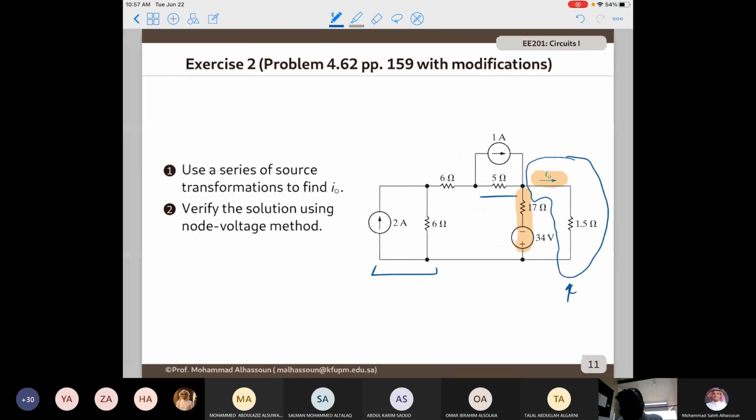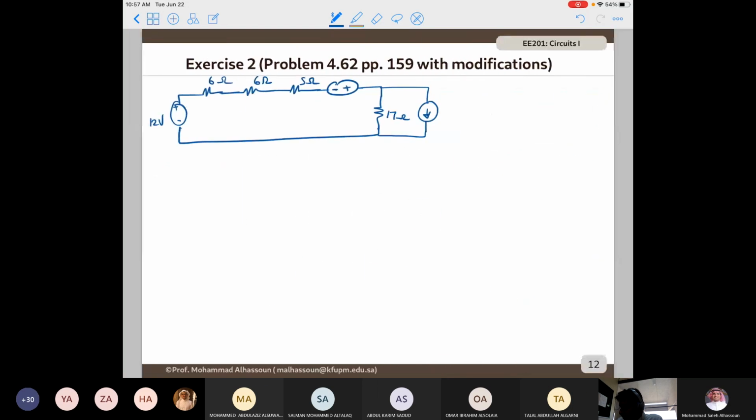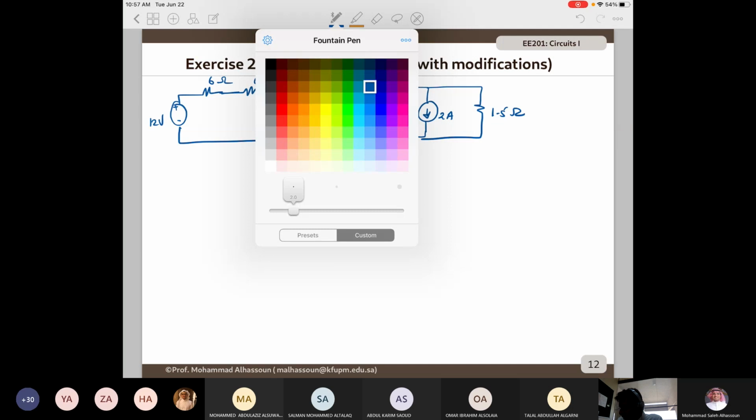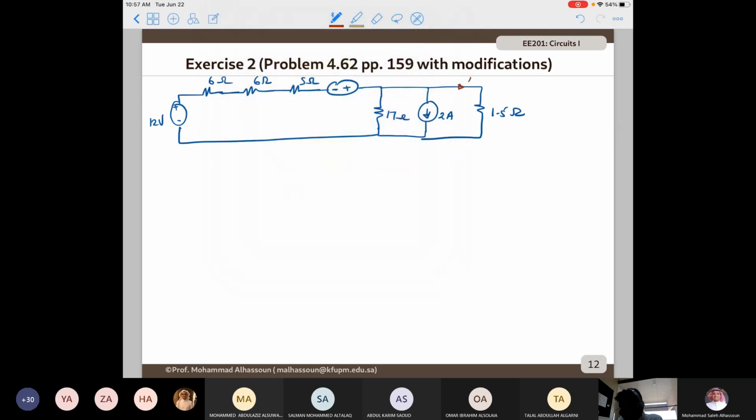And this one is going to be 2. And then we lastly have the 1.5 ohm that we are trying to find the current passing through it.